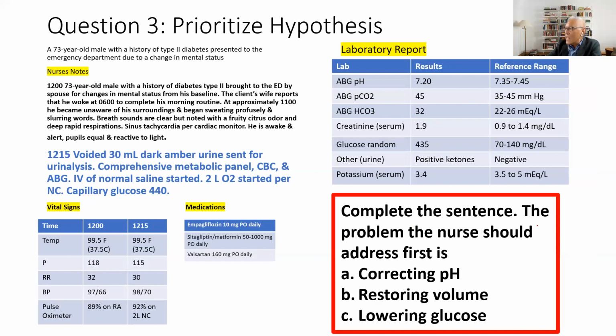Complete the sentence. The problem the nurse should address first is... Do you remember the algorithm for DKA? Which one should you correct first?